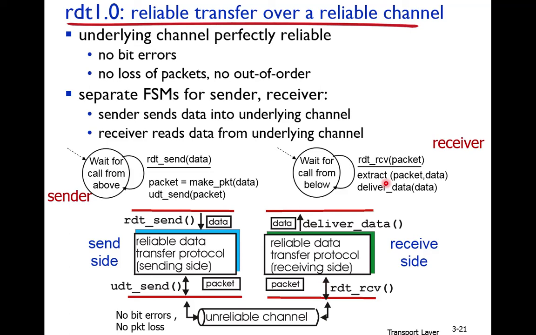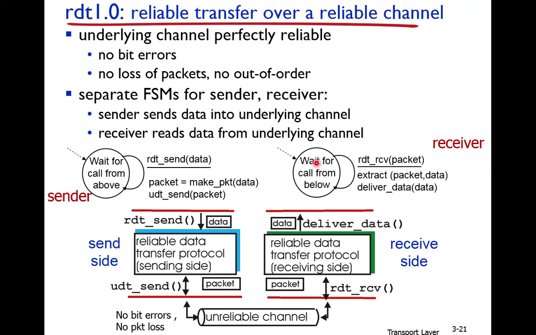But what does it do? It extracts the data from the packet, and then that data is delivered to the application layer. When that is done, it again waits for the next data to receive from the underlying channel. So this is the working of the transport layer at the receiver side.